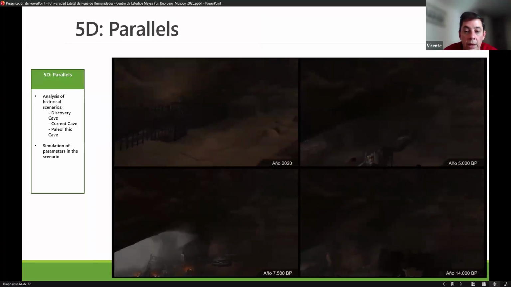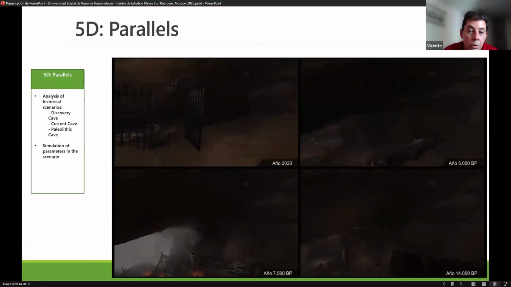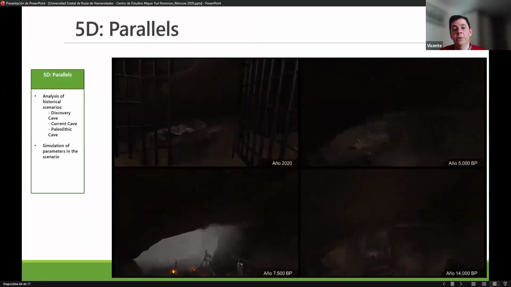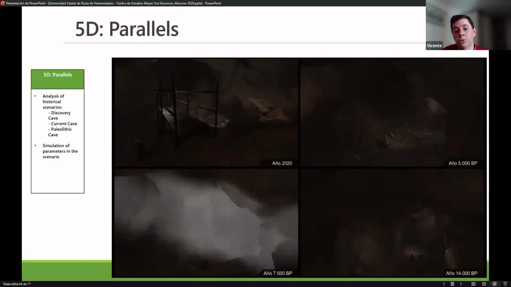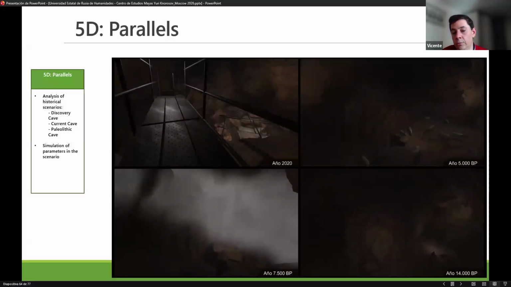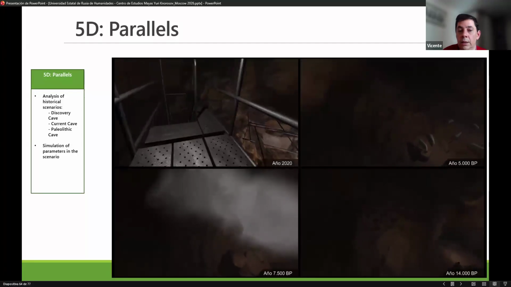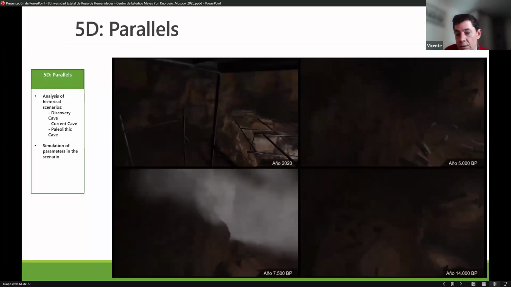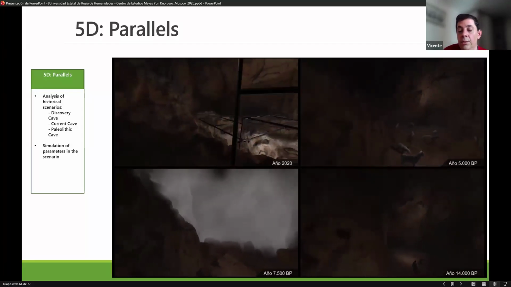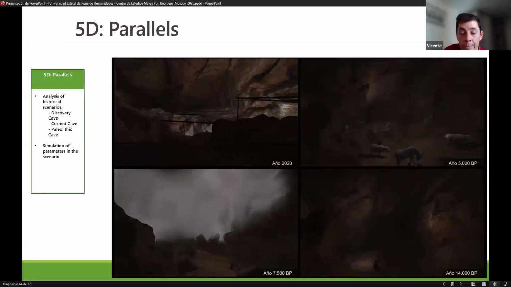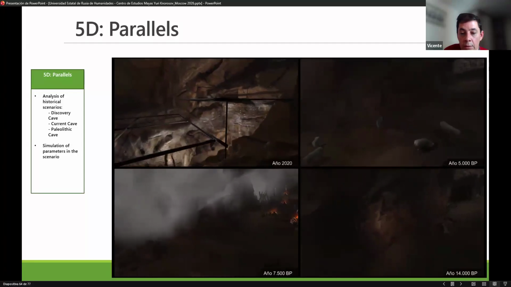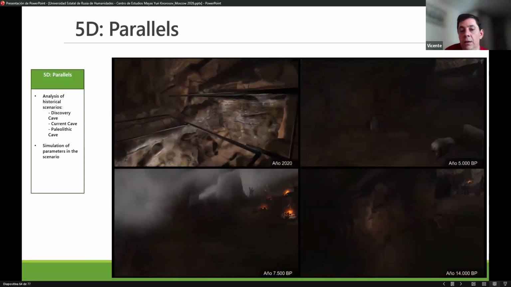One, when they kept goats in the cave. The second, when it was used to smoke food; the name of the cave comes from that moment. And the third, 14,000 BP, how it was when people lived in the cave.